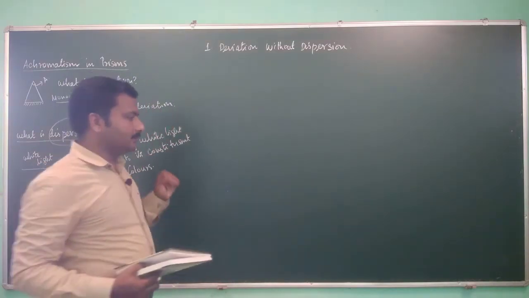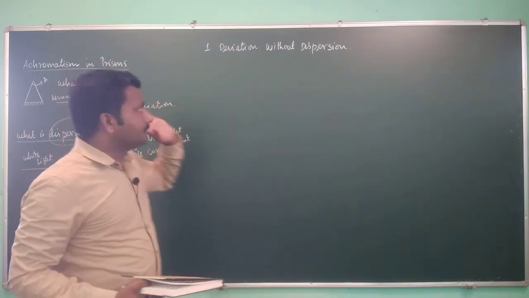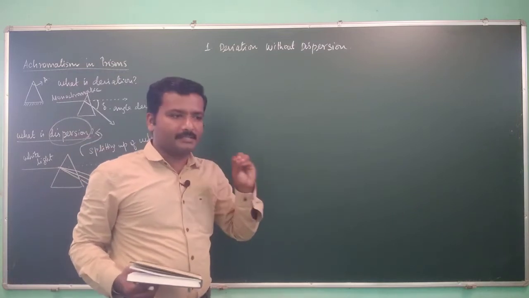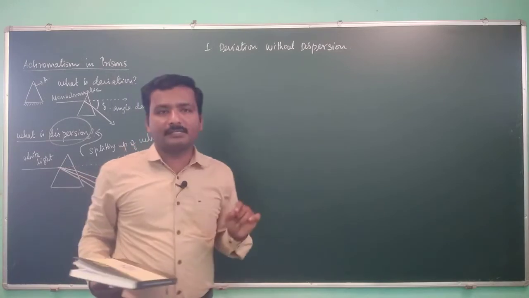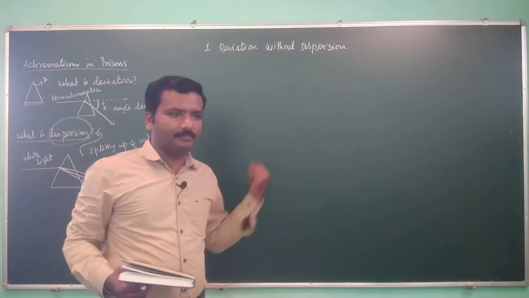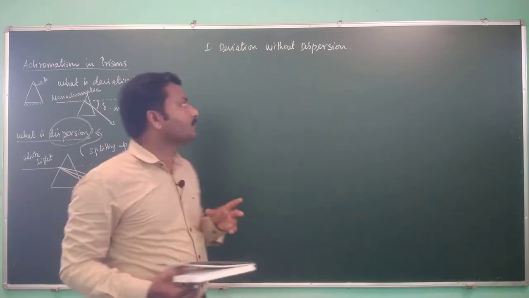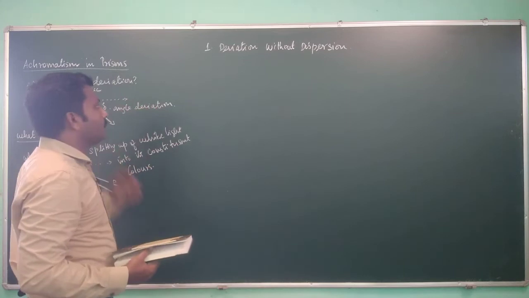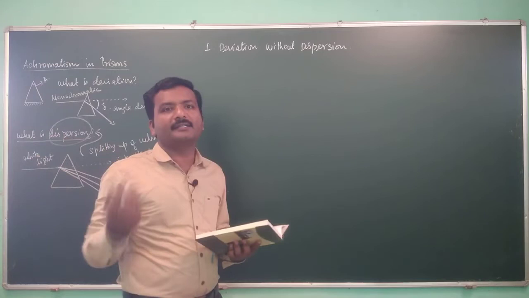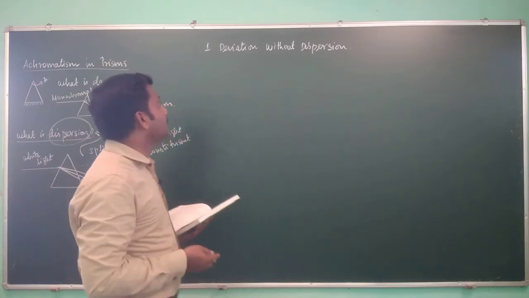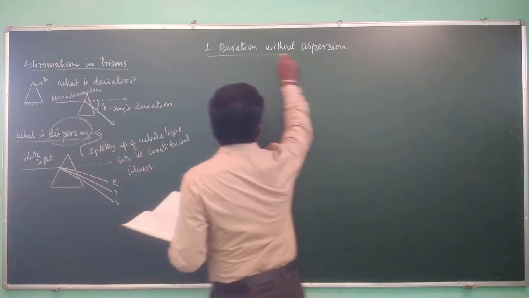But now we are going to have an arrangement in which there is no dispersion, that is, no splitting up of colors in the output. Rather, we will observe only deviation of the line of path from the incident ray's line. So this is what we are going to see. For that, we are going to derive an expression: under what condition, or what is the mathematical expression, for obtaining deviation without dispersion?